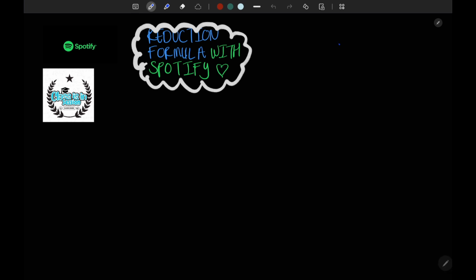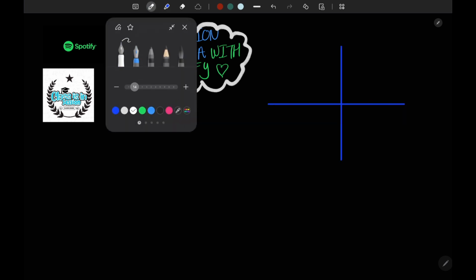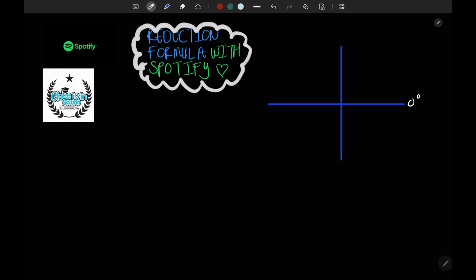So as I said in the introduction video, you start with the y and x axis. There's your x and y axis. Now you have 0 degrees, 90 degrees, 180 degrees, 270 degrees, and 360 degrees.